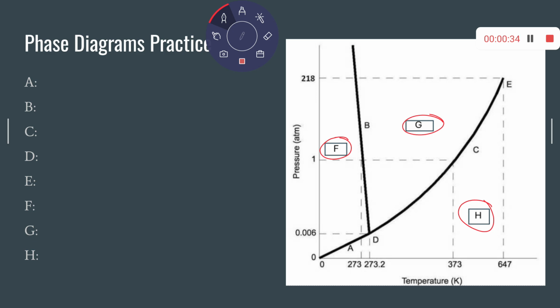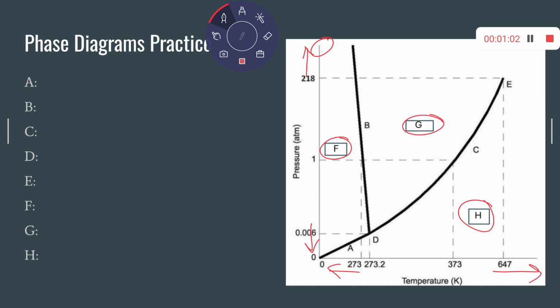Now remember, the particles in solids are packed very tightly. And so that's going to happen at high pressures and low temperatures. So high pressure, low temperature, solids are generally going to be in this corner of a phase diagram. Now I look at the other extreme, low pressures and high temperatures.